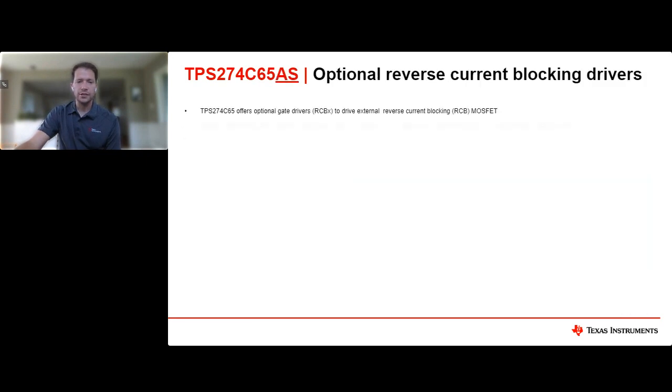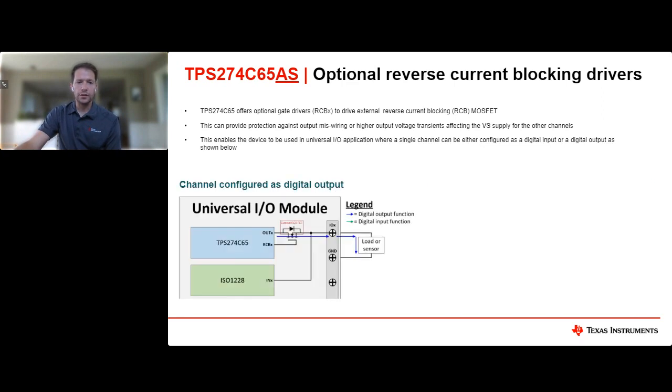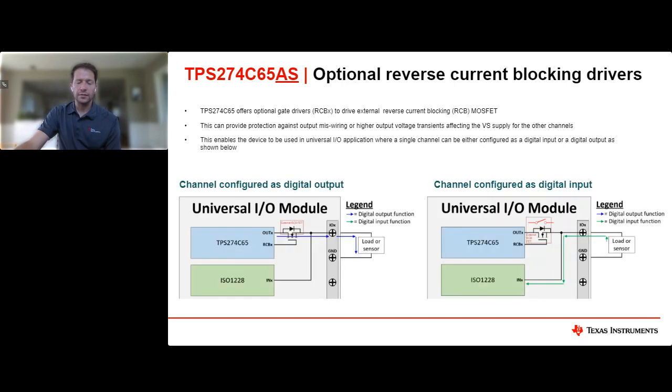As mentioned, there are optional reverse current blocking drivers. What this allows is for this device to be used in a universal input-output module. If you want to configure this channel as an output, you can enable the reverse current blocking FET to provide a low RDS(on) path to the output.